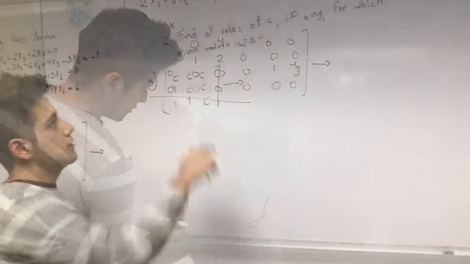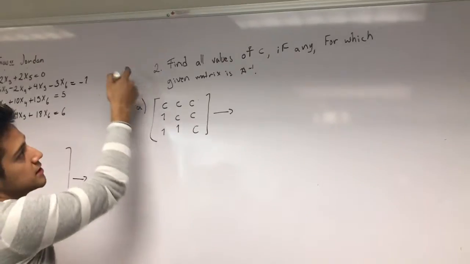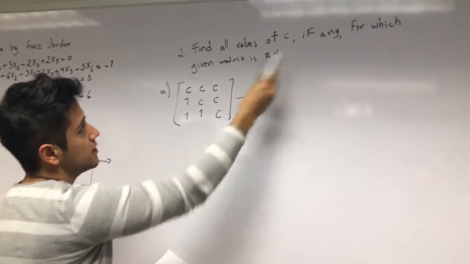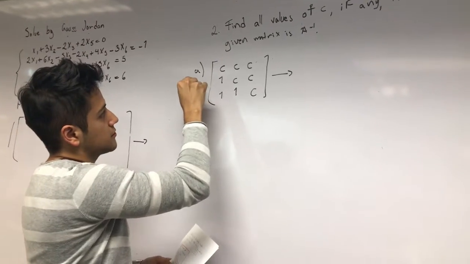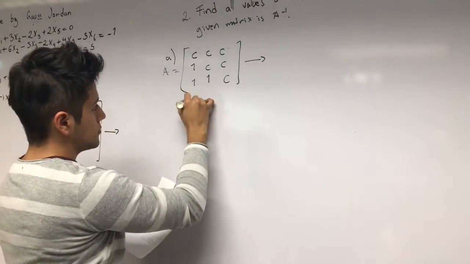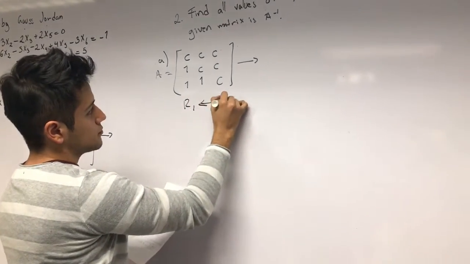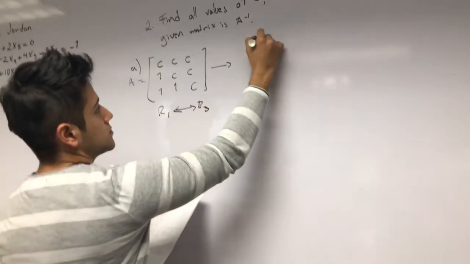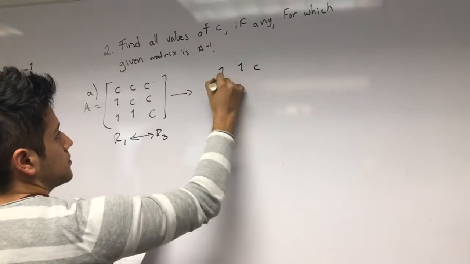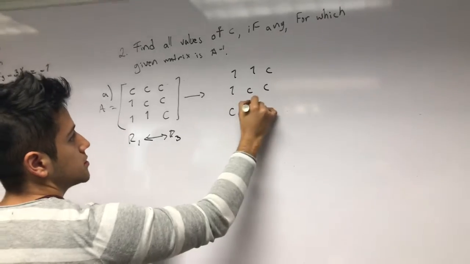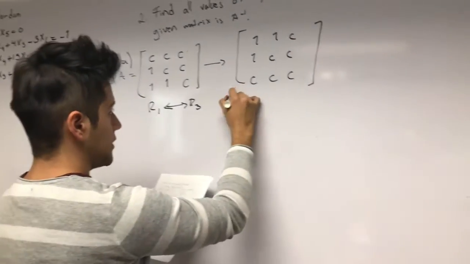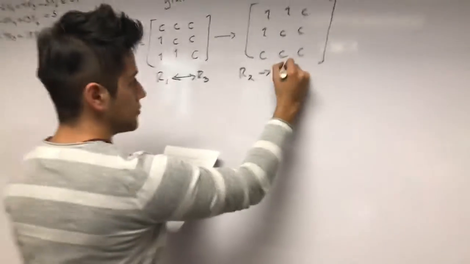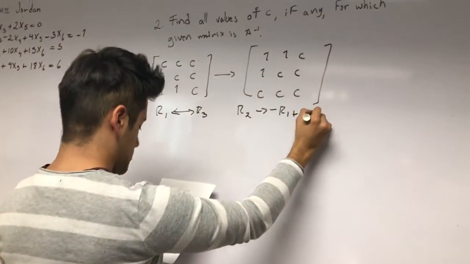Okay, so then we have this exercise: find all values of C, if any, for which the given matrix A is invertible. So we'll do row 1, we'll move it to row 3. So we have 1, 1, C, 1, C, C, C, C, C. And then in row 2, we're gonna do minus row 1 plus row 2.